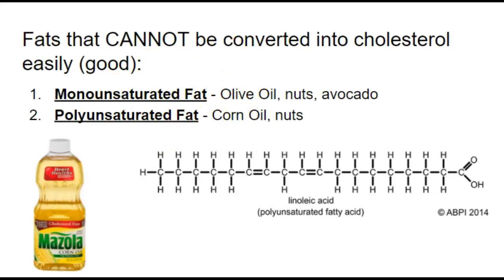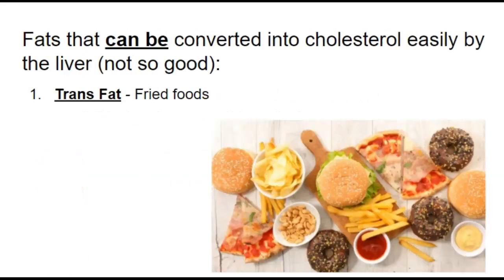And then there are two fats that are not as good because they can be converted into cholesterol easily by the liver. Trans fat is found in a lot of fried foods. You won't find trans fat very often in nutrition labels in grocery stores because many companies have made a really big effort to get rid of them because they're most easily made into cholesterol.